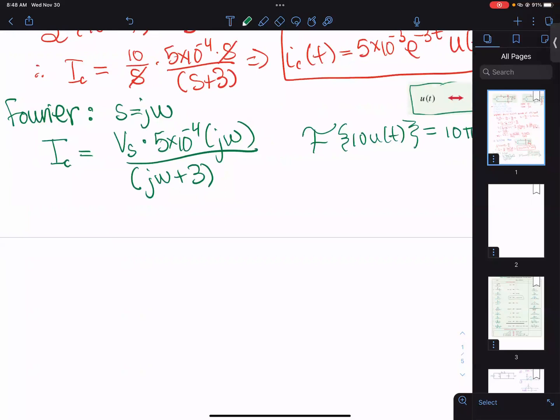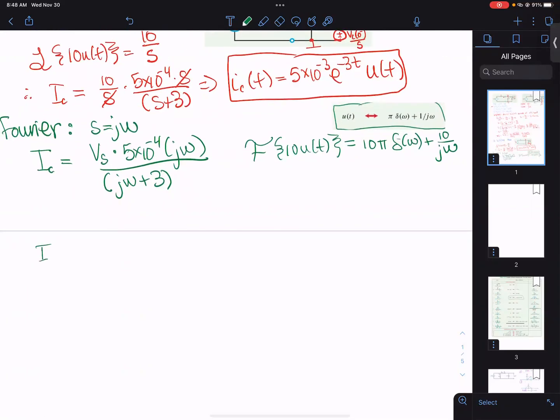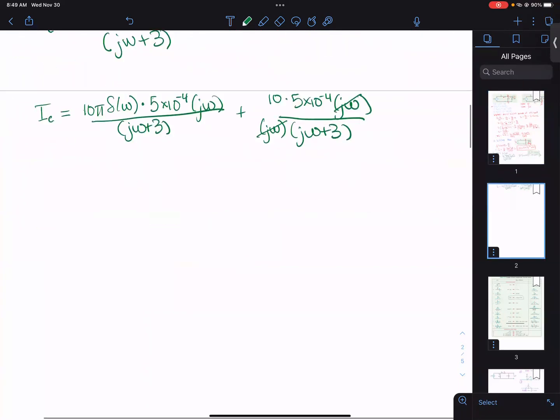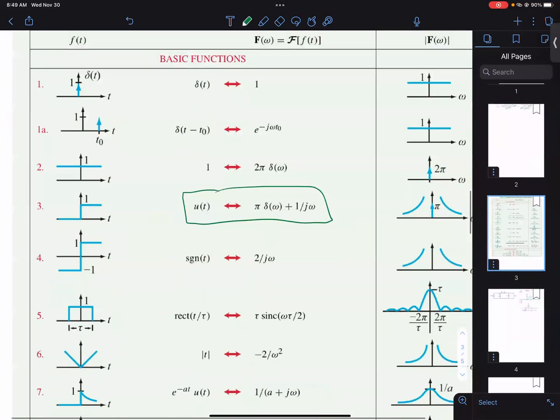And then we plug that into the VS. And then we can go backwards.